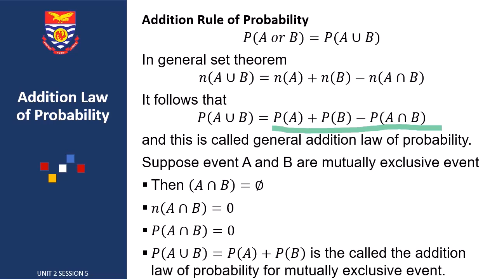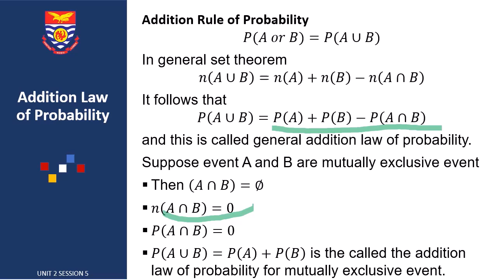So this implies that the number of A intersection B will be equal to 0, and the probability of A intersection B will be equal to 0. So for mutually exclusive events, the probability of A union B is equal to the probability of A plus the probability of B.